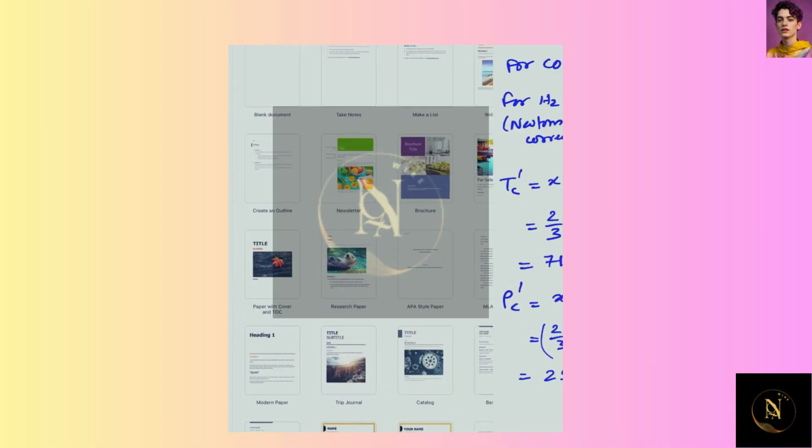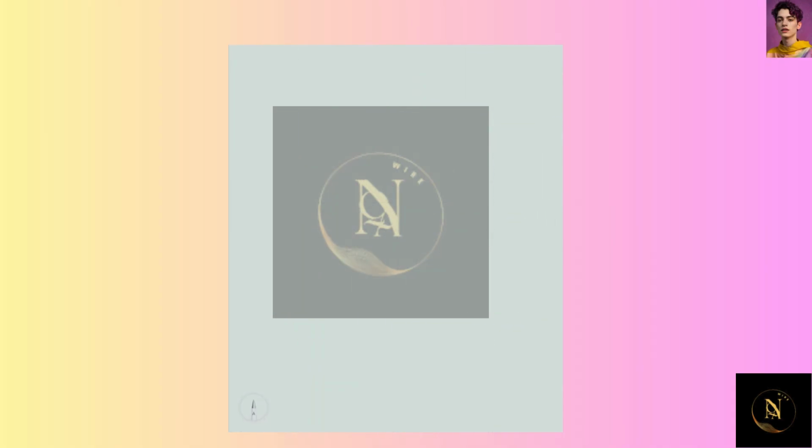Now, let us calculate the pseudo-reduced temperature and pressure. The pseudo-reduced temperature is the process temperature divided by the pseudo-critical temperature. Process temperature is 644 Kelvin. Therefore, the pseudo-reduced temperature is 8.98, and the pseudo-reduced pressure is the process pressure divided by the pseudo-critical pressure.